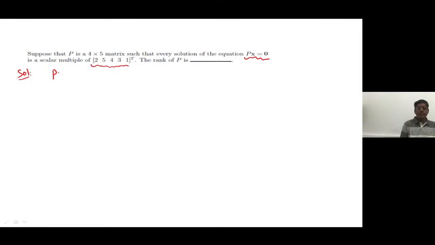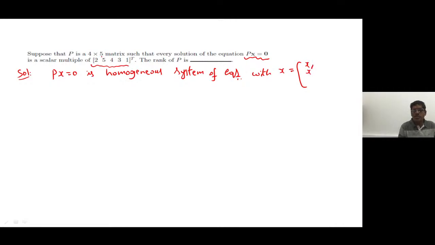So clearly Px equal to 0 is a homogeneous system of equations with unknown matrix, that is, number of variables, column matrix, 5 variables, because here the number of columns is 5.